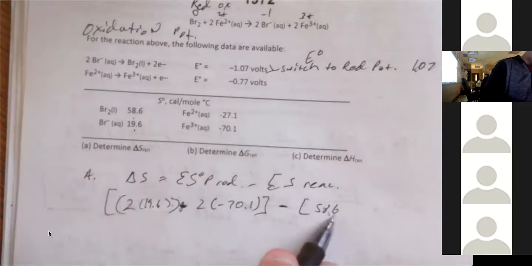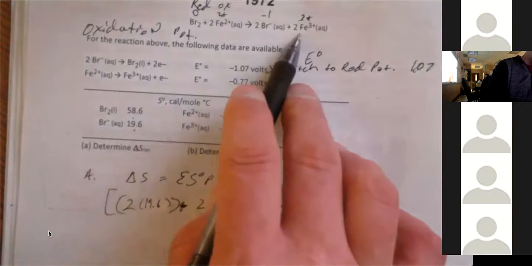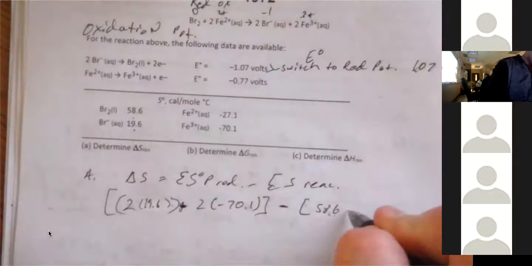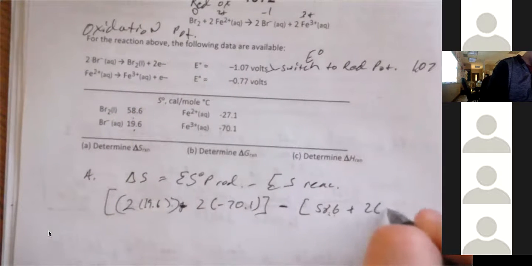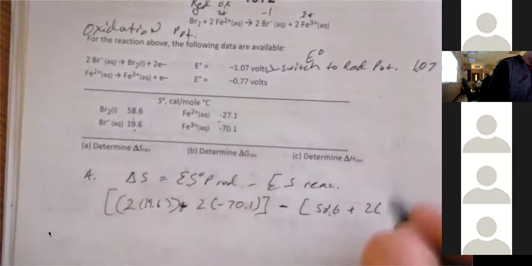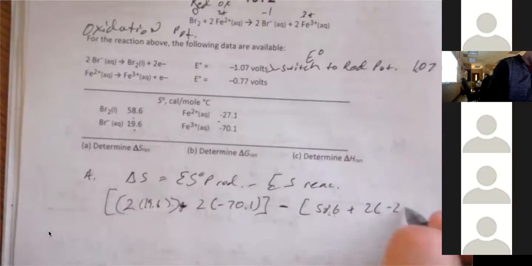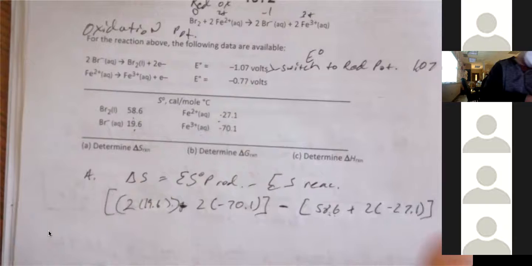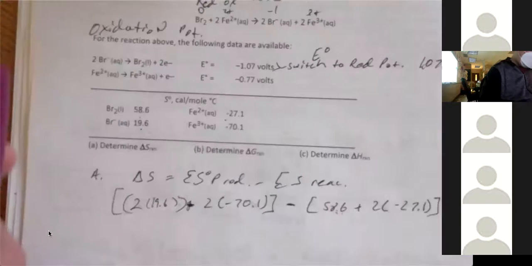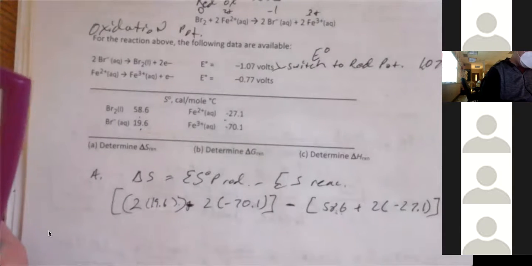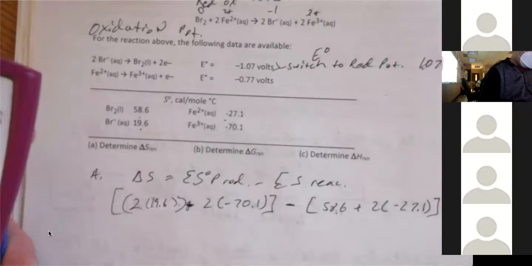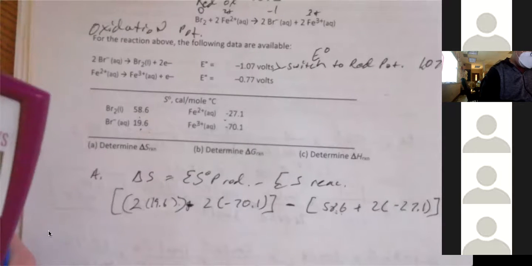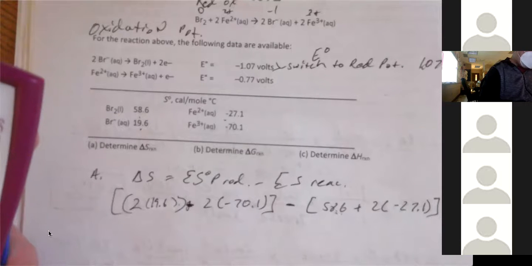And then 58.6 here, and then we've got 2 times the Fe2+. So plus 2 times negative 27.1. 2 times 19.6, plus 2 times negative 70.1.